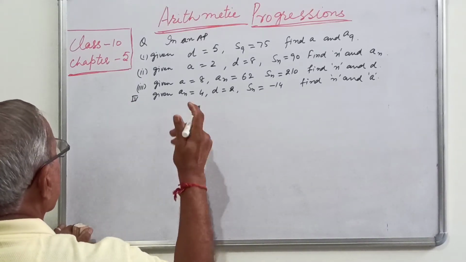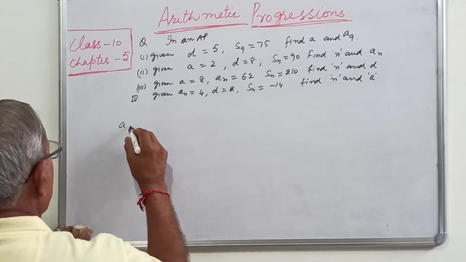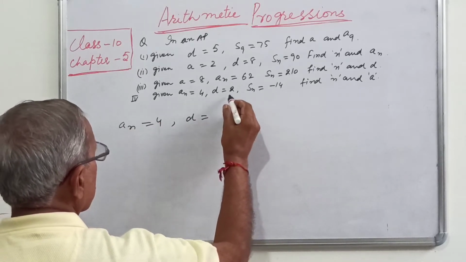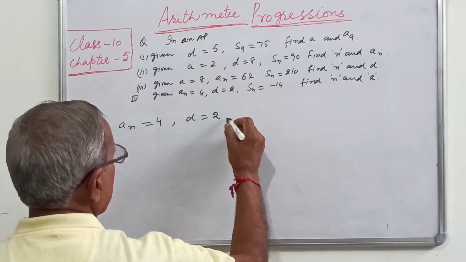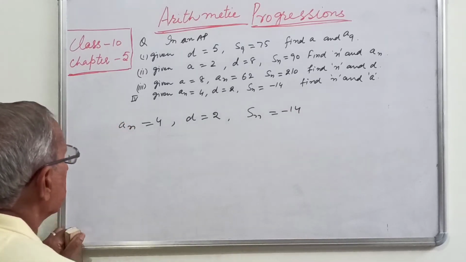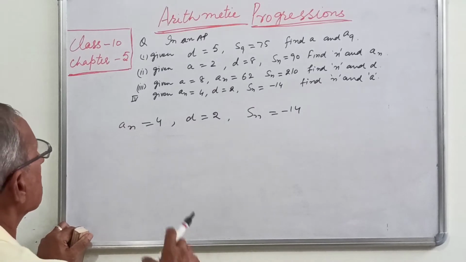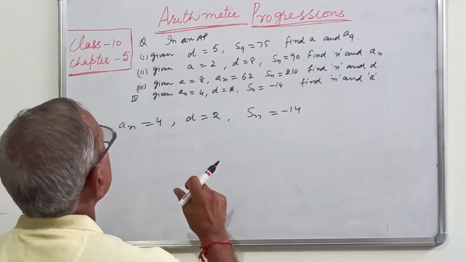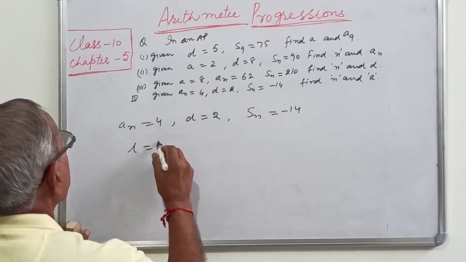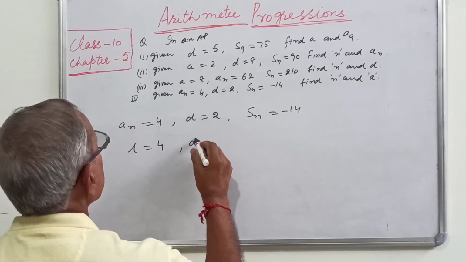the fourth part, an is equal to 4, d is equal to 2 and Sn is equal to minus 14. So an is 4, means last term here is 4 and d is equal to 2.